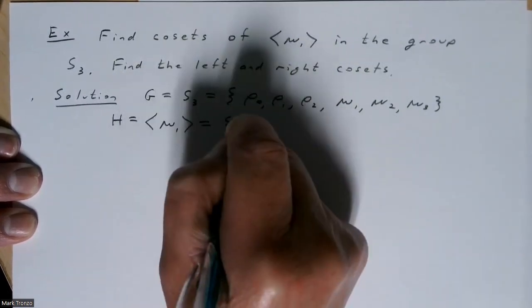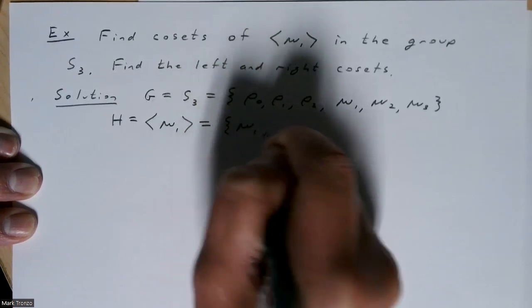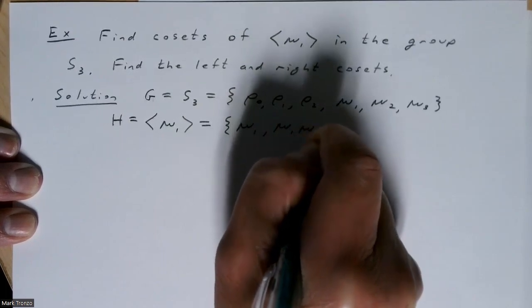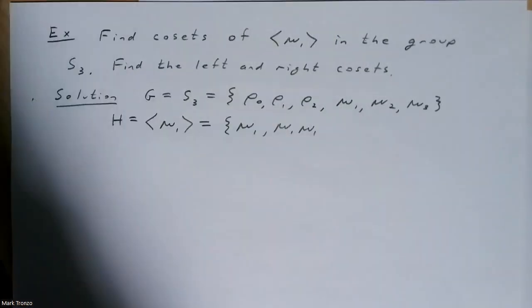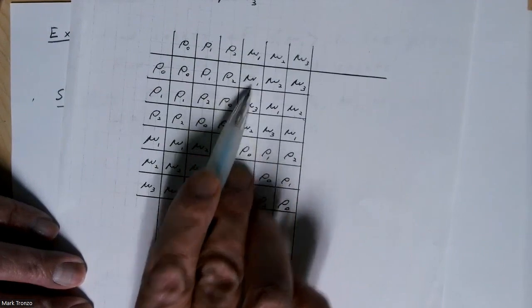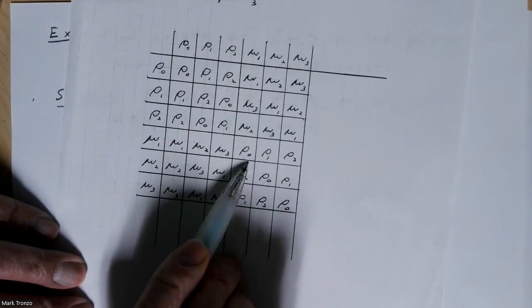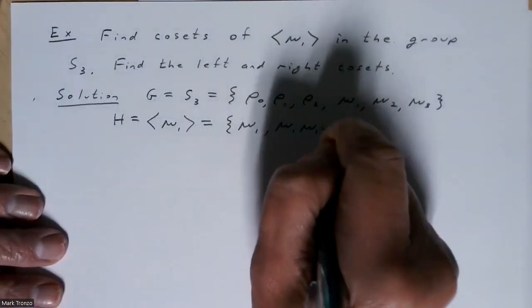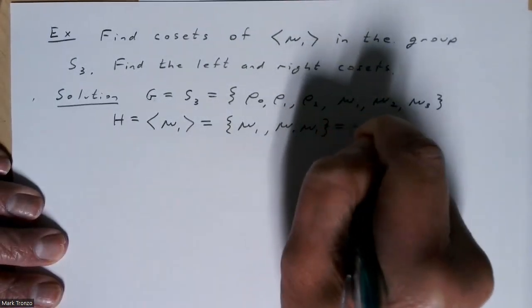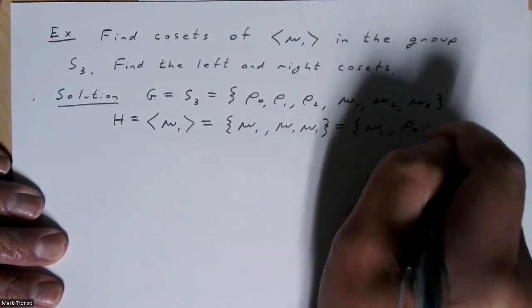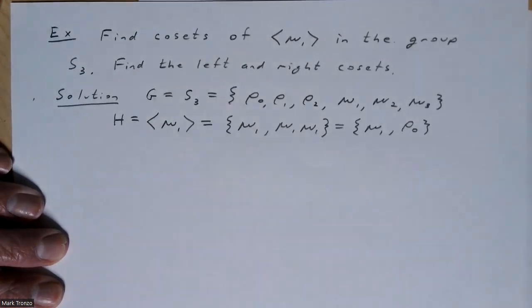You would take the first one, and then the first one times itself, and we'll look at our little chart to see what that gives us. So if we take mu1 times mu1, we get rho naught, and actually, that's the identity. So we can actually stop right there, because once you get to the identity, we'll end up just repeating after that. So we get mu1, rho naught like this.